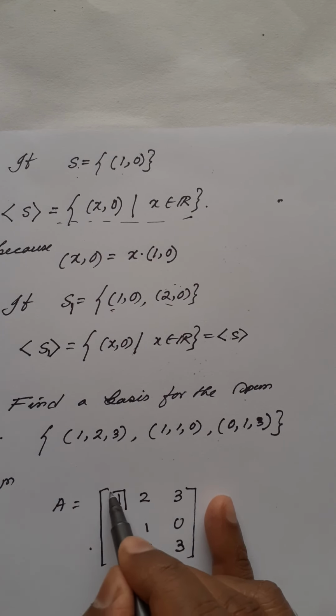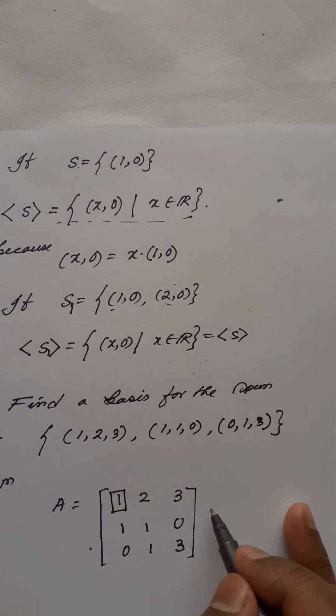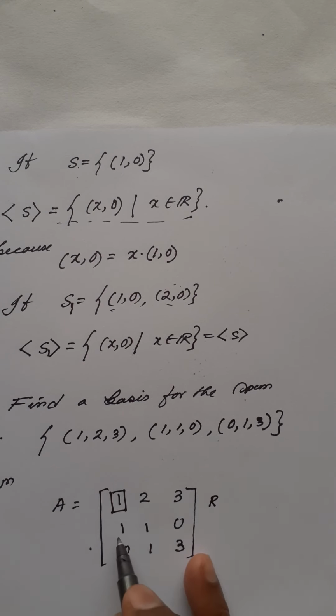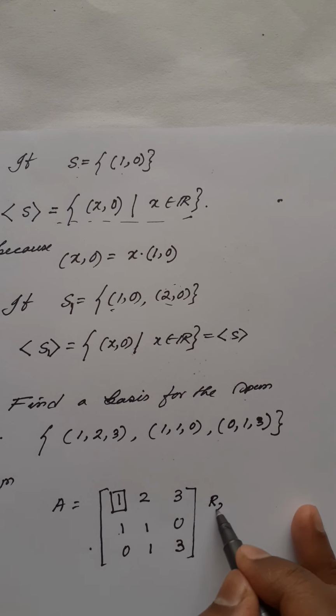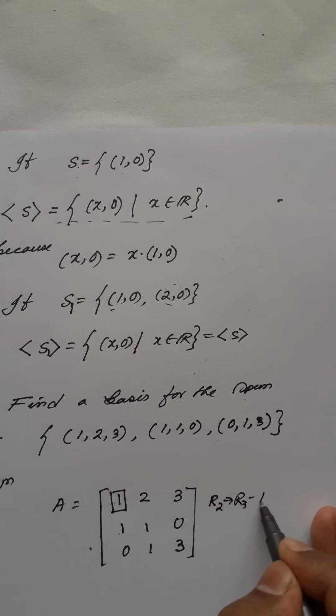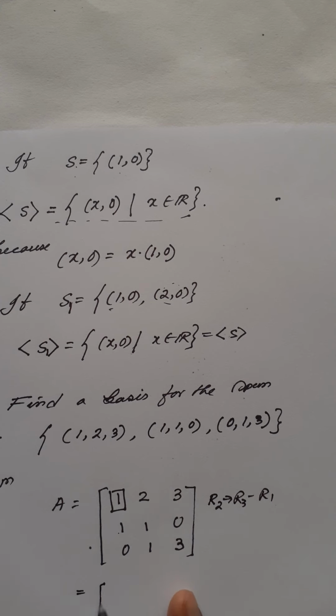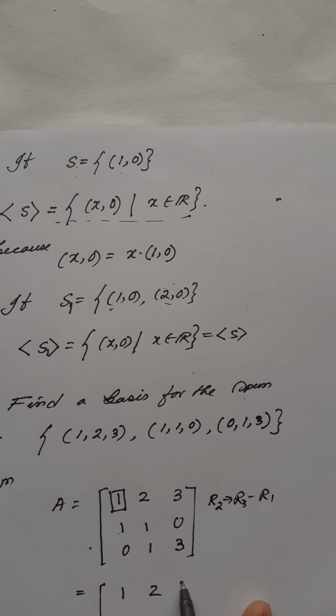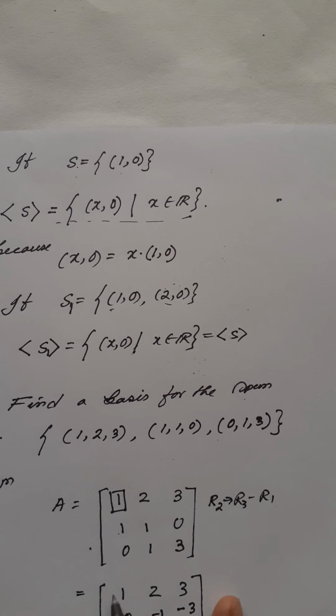Here the first non-zero entry is 1. The row operation I have to apply to make this entry 0 is R2 goes to R2 minus R1, and that reduces it to 1, 2, 3; 0, minus 1, minus 3; and 0, 1, 3. This is the first pivot, and this is the second pivot.